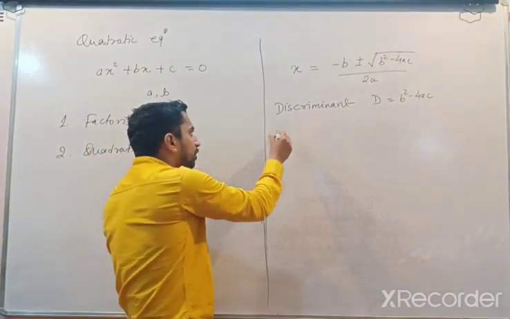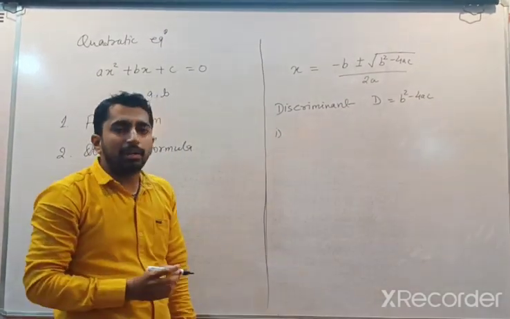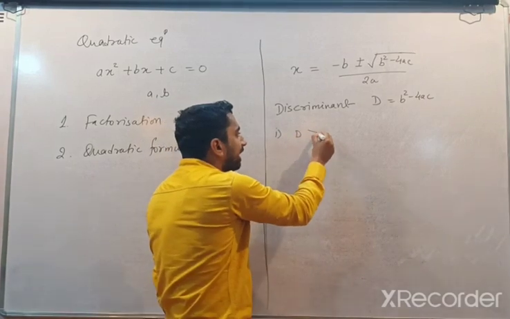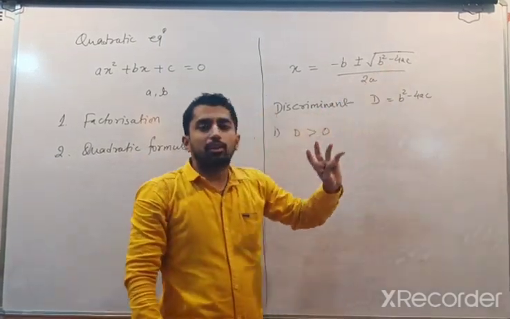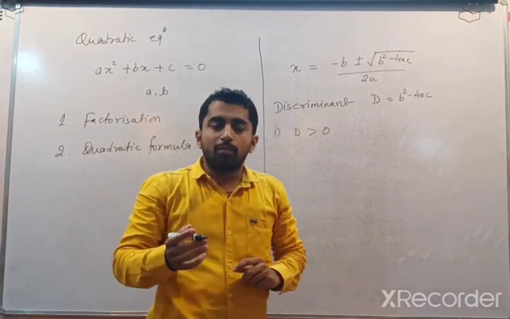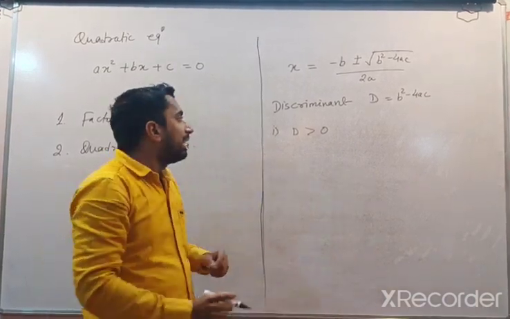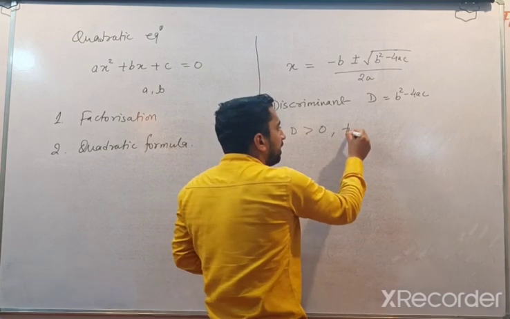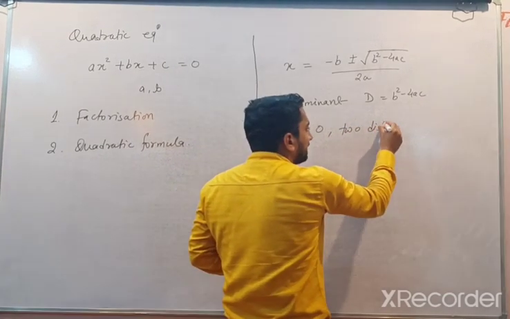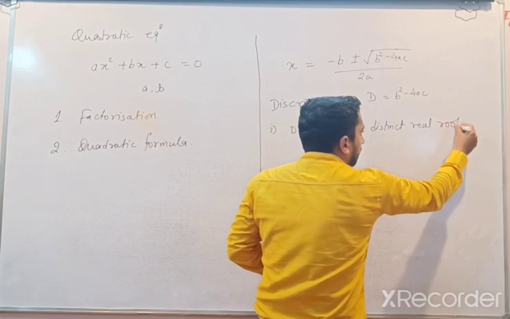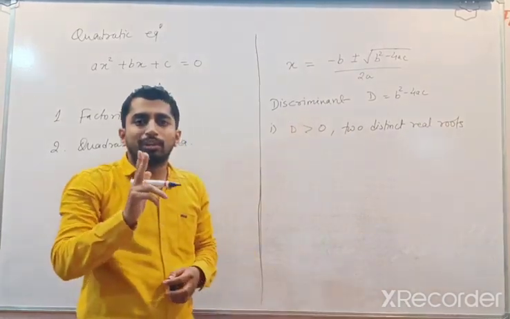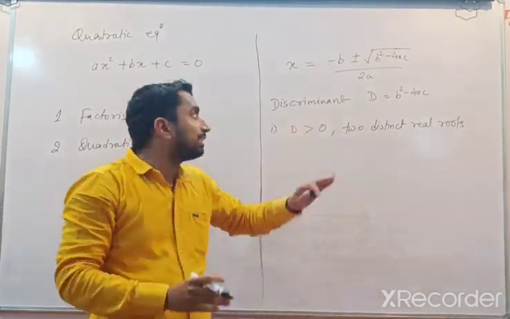So first of all, if the discriminant is greater than 0, that means whatever is written inside the root is greater than 0, it should be positive. In such a condition, you will get two distinct real roots. That means you will get two different answers for this solution.